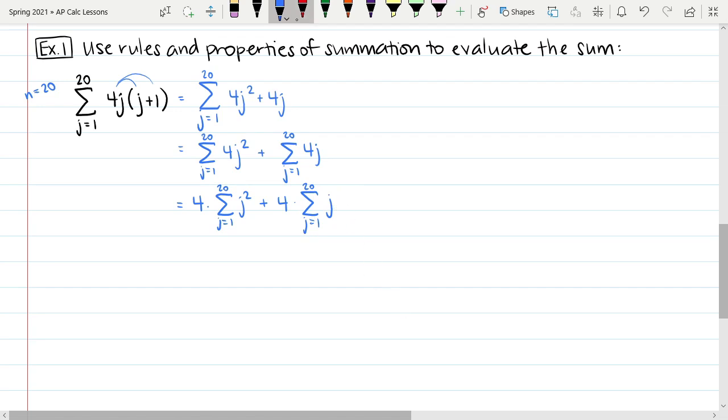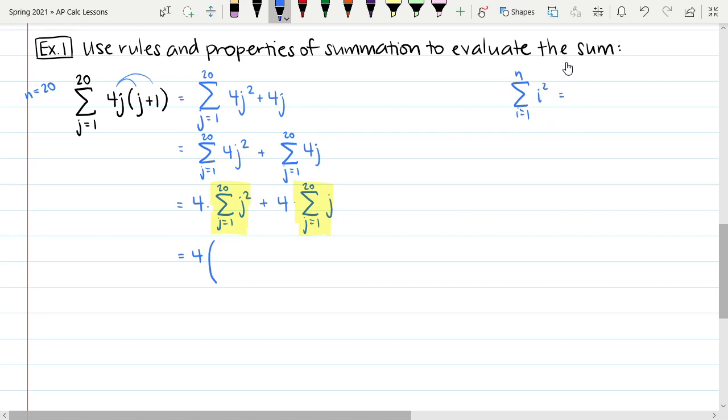And so now we should recognize that this summation right here and this summation right here are both just referring to the formulas that I had just shown you. So that means for this first one, we're going to have 4 times. Now remember, for j squared, let me just write it over here in terms of i.